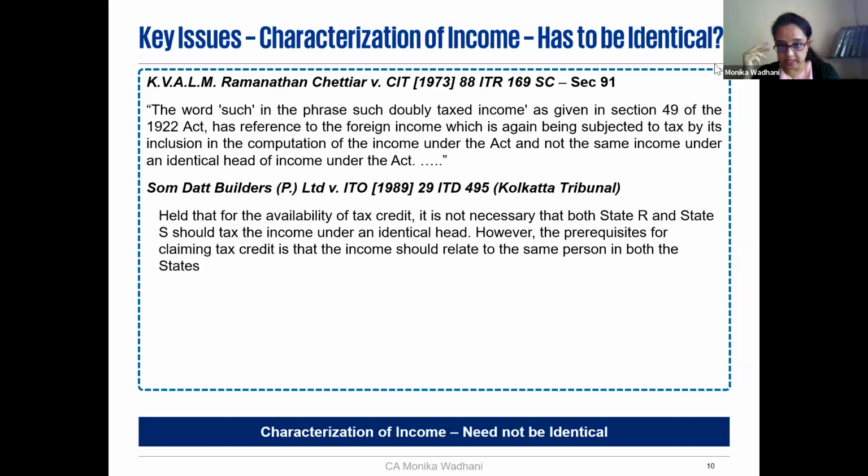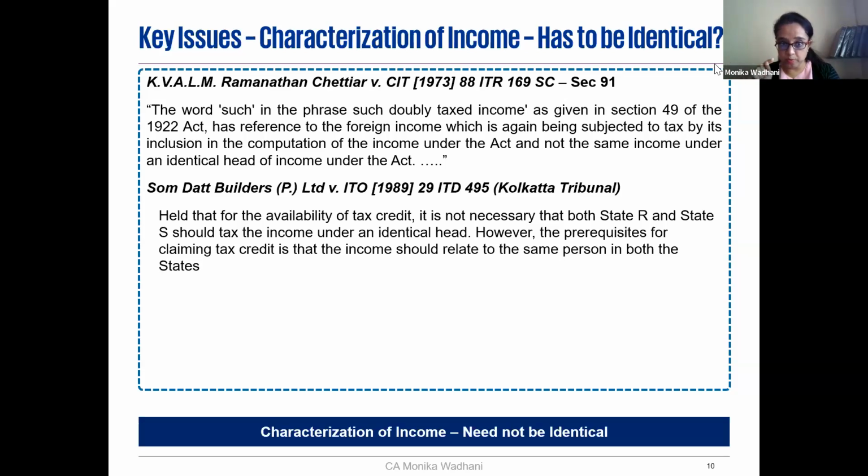When it comes to taxation in the hands of the Indian company in India, say the Indian company is offering that royalty or FTS income to tax as business income. Now, can the tax authority allege that because the income is not taxed under the same head of income, it is not in accordance with the treaty, and that is why foreign tax credit should be denied? Again, the answer here should be no.